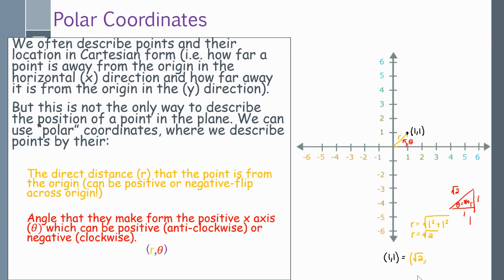So I know my point 1, 1, I could express this as r is root 2 and theta is pi on 4. That's its polar coordinates.